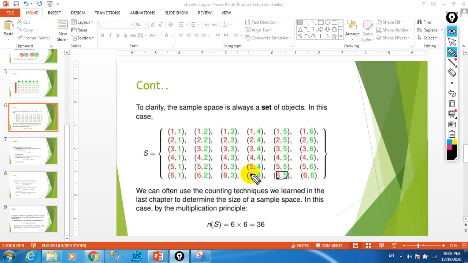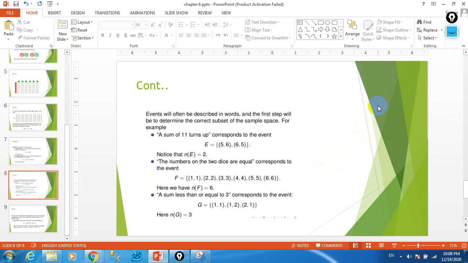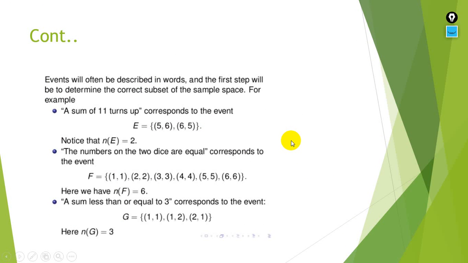5 and 6, so these are the two possibilities that we have for our event, and when we add these two the answer is 11. Only these two possibilities. It says that whenever you describe an event, the event must be described in words, stating which outcomes or possibilities you are checking.